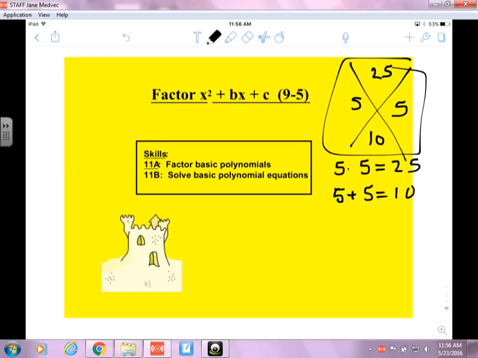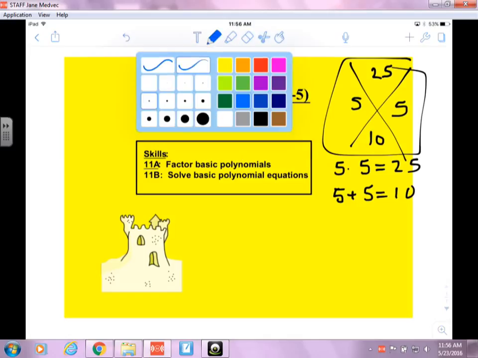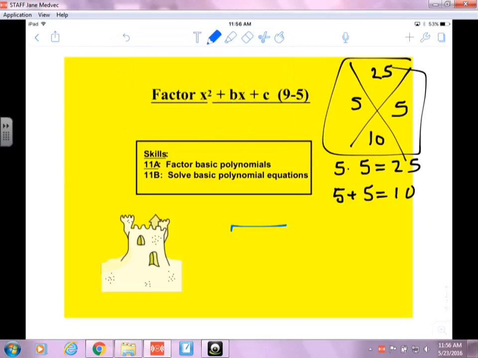Also remember, we had a chapter where we did the windows. I would give you something like x plus 5 times x plus 5.